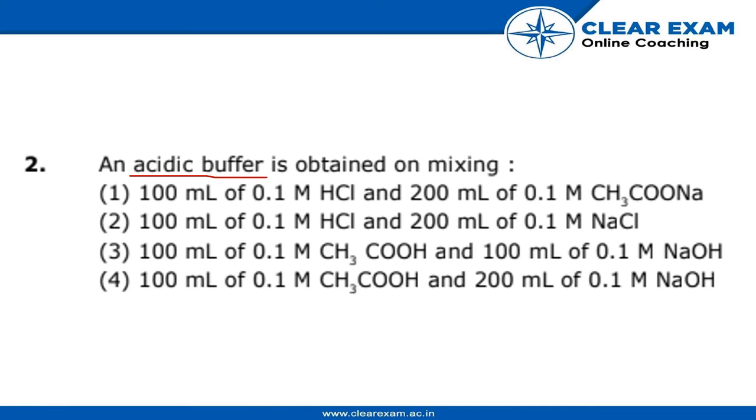So by that we can see that we have these two options available, because these two have HCl and these two have bases as well. If we take this as a stronger base, so let's take this.